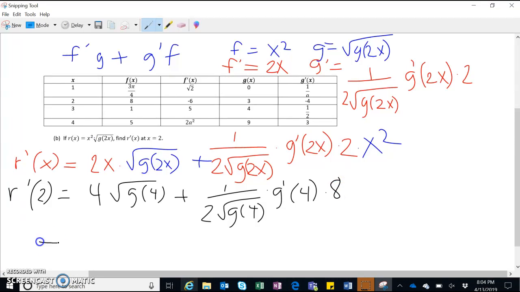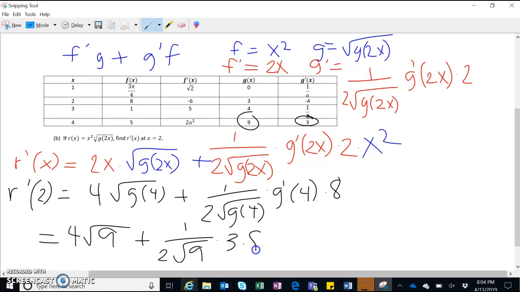And what I'm going to do now is utilize my table to try to keep simplifying. I get 4 square roots of g of 4. Here's g of 4 up top, that's 9. Plus 1 over 2 square roots of 9 again, because g of 4, times g prime of 4, that's one column over, that's 3, times the 8 that I already had.